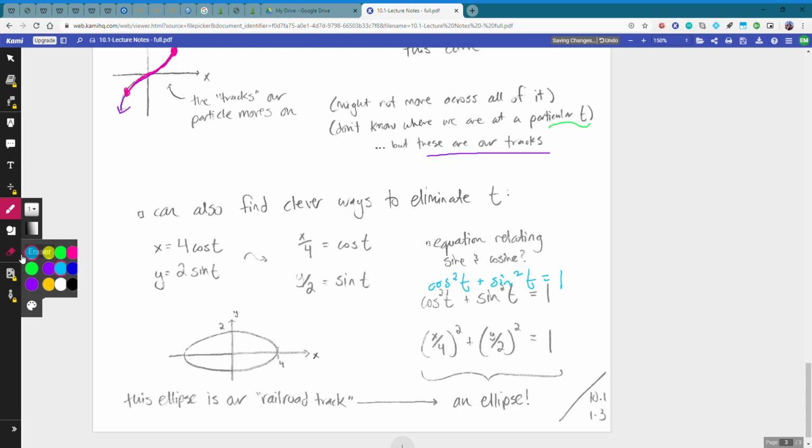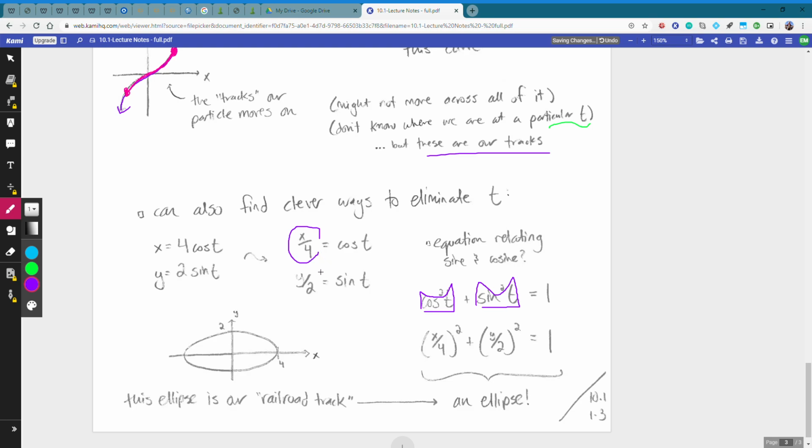So if we now take our Pythagorean theorem identity for sine and cosine, we can go ahead and plug in where we see cosine and where we see sine, what they equal.